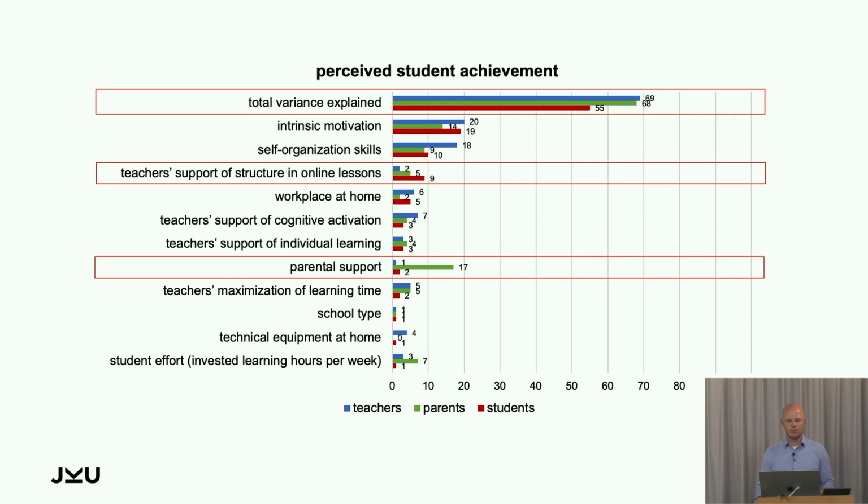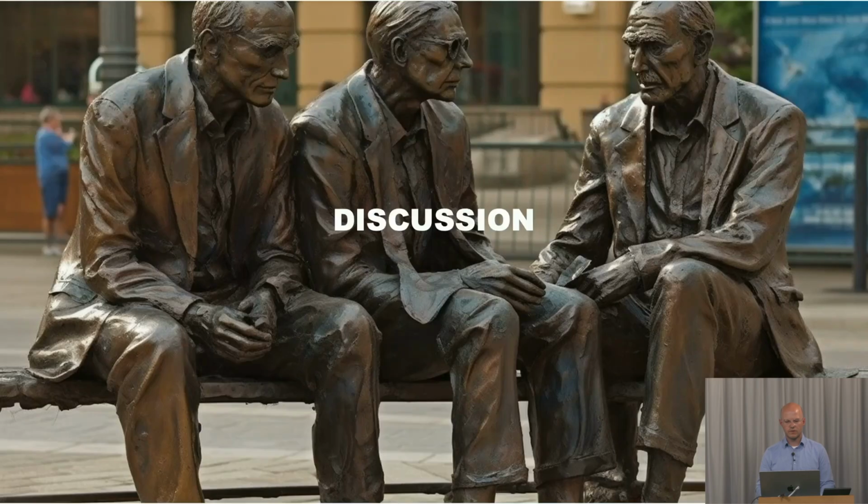So we have similar pictures in other predictors. In total, this study and also the previous study show that with regard to assessing not only perception but also the predictive validity of variables, different informants can lead to different results and thus to different conclusions. That leads to the discussion.